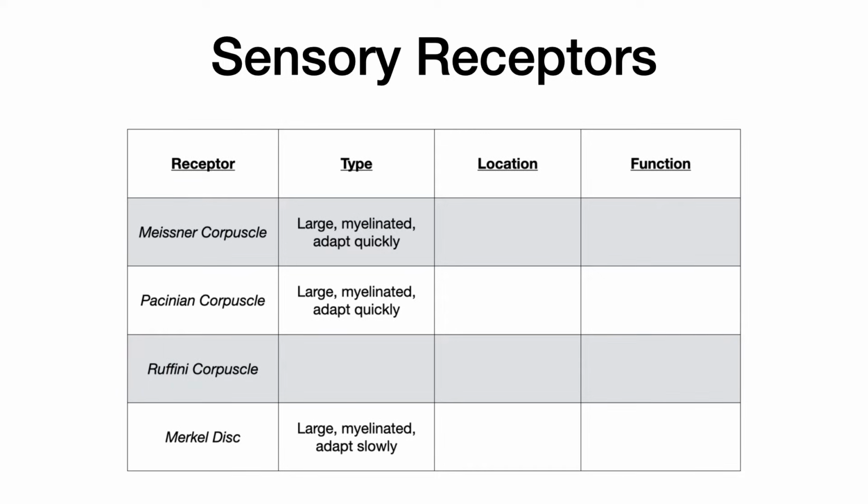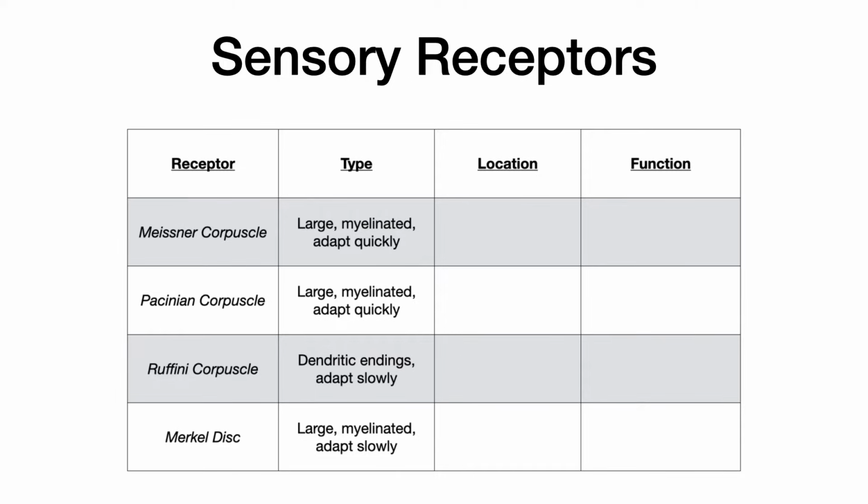The Merkel disc is large and myelinated, just like Meissner and Pacinian corpuscles, but the only difference is that the Merkel disc adapts slowly. So the speed by which it adapts is the only thing that differentiates it from the Meissner and Pacinian corpuscles. Last but not least, we have the Ruffini corpuscle, which is actually a dendritic ending, and it adapts slowly. Okay, so tough to memorize this, I understand, but nonetheless important to know.